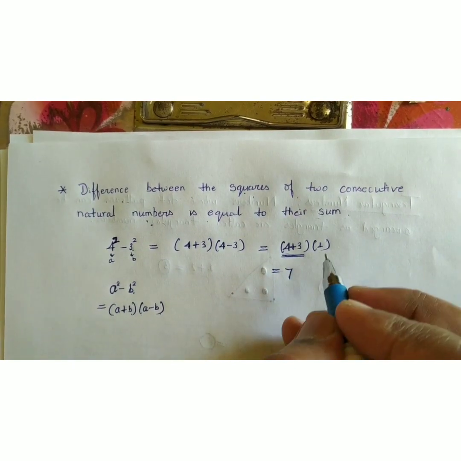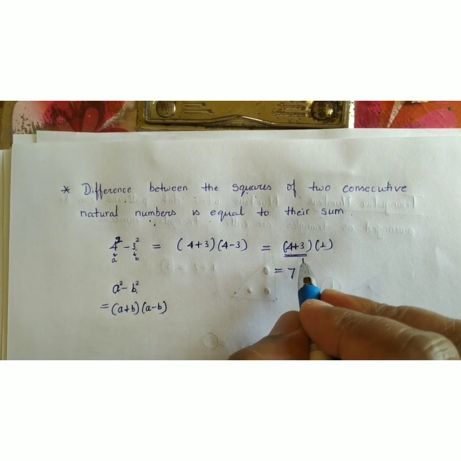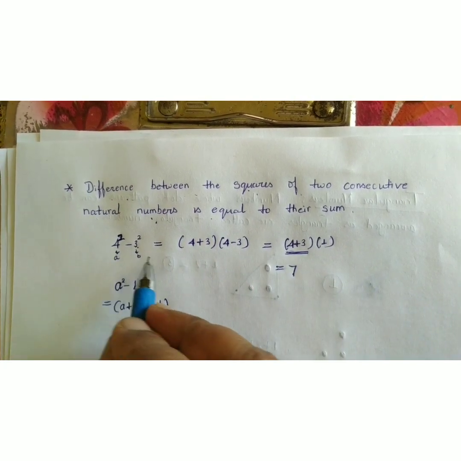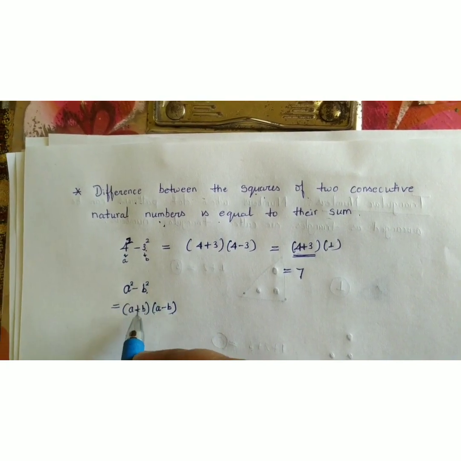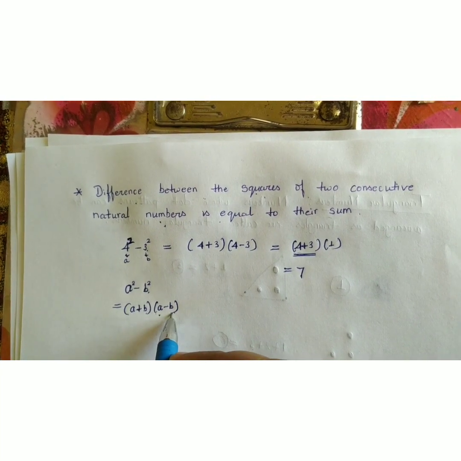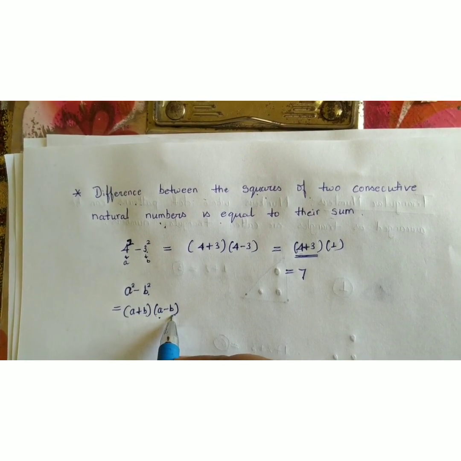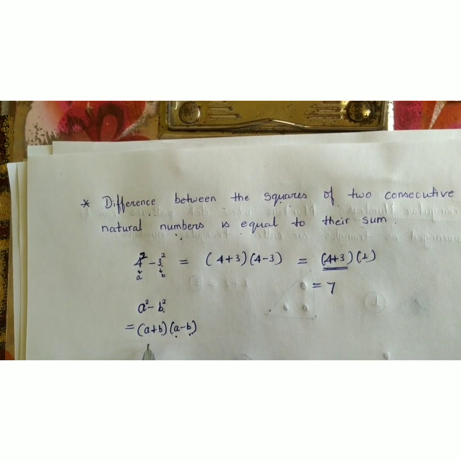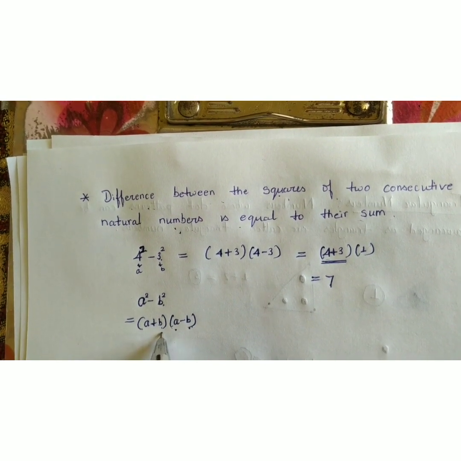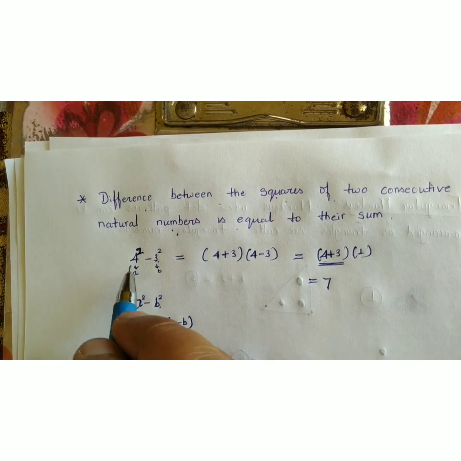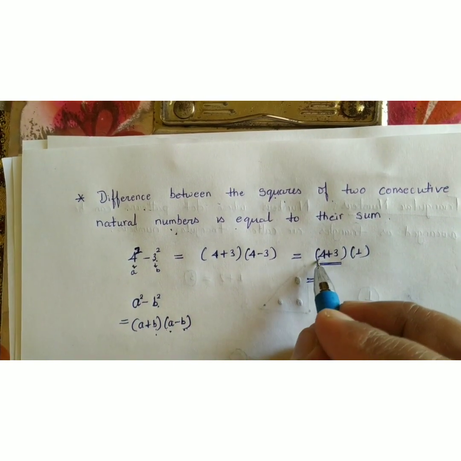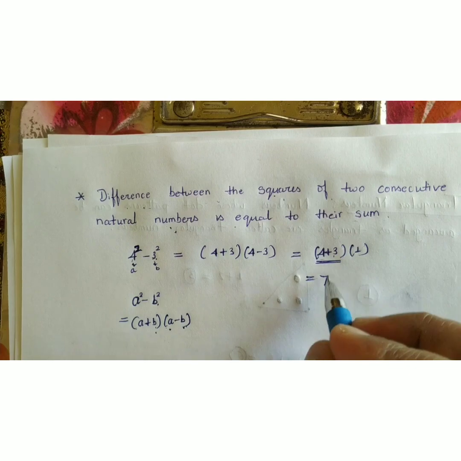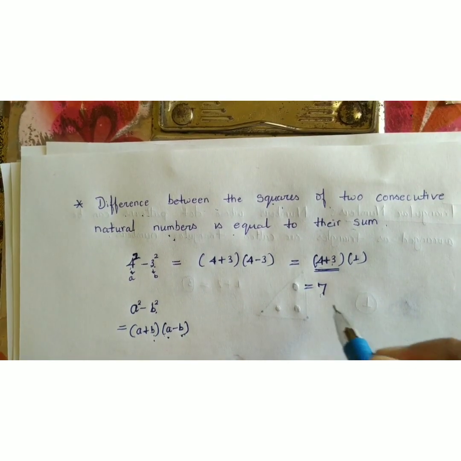So we can see that when we write the formula a square minus b square, a minus b, the difference between two consecutive numbers is 1. So we will have only a plus b left. So 4 square minus 3 square is equal to sum of the numbers 4 plus 3, which is equal to 7.